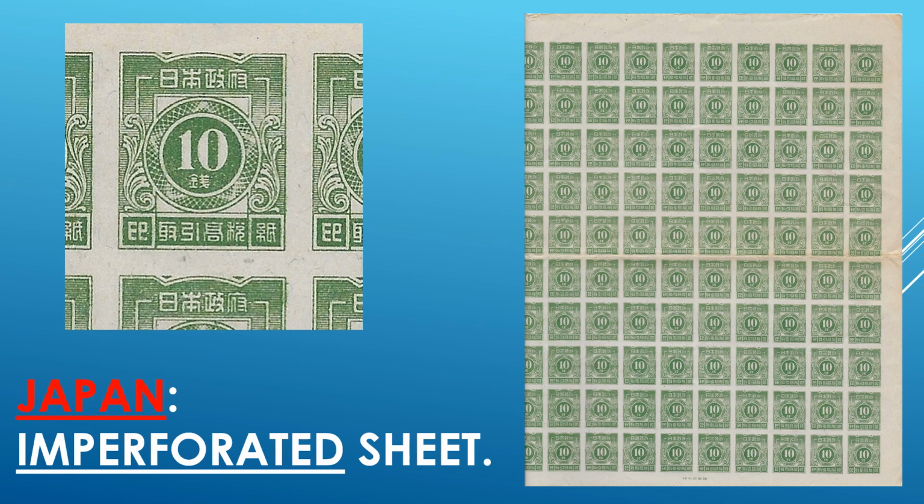Here is the same 10 as an imperforated sheet. And these are full sheets actually, except that I just could not get them on my scanner completely. So that's why they look like they're chopped off, but they're really complete sheets.